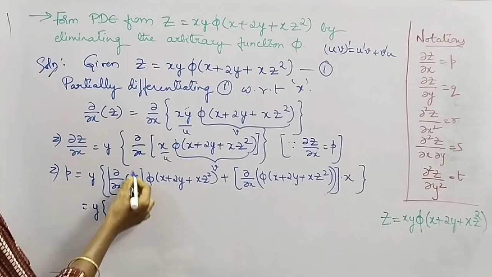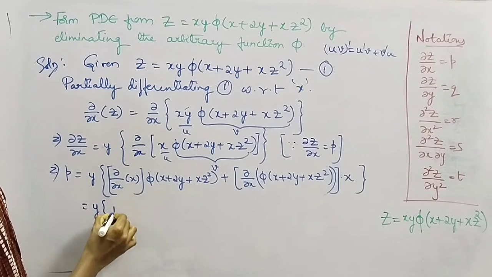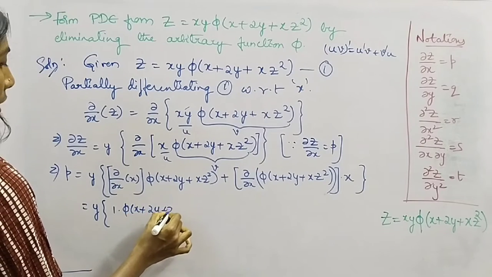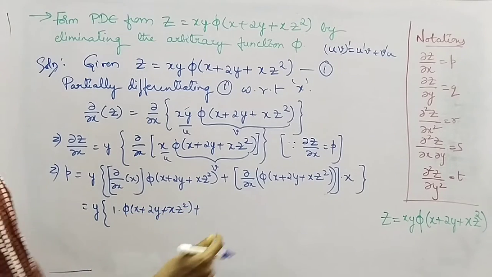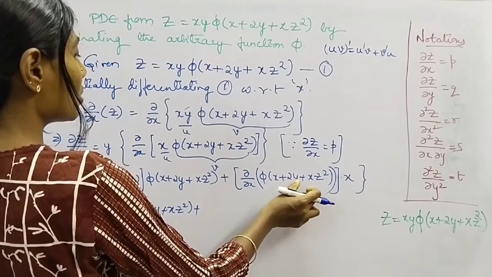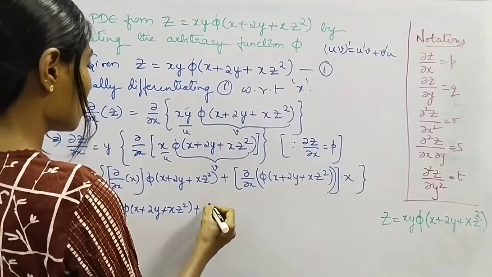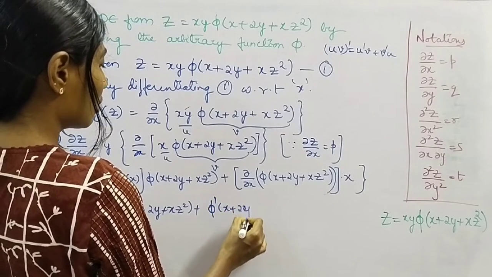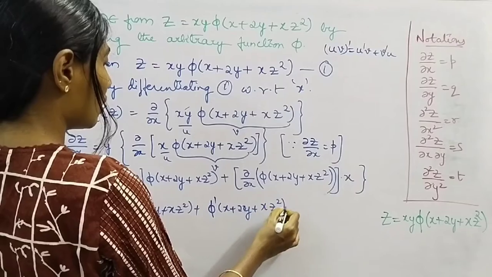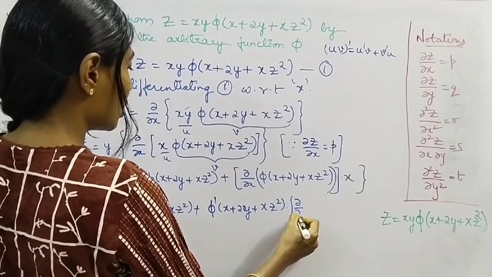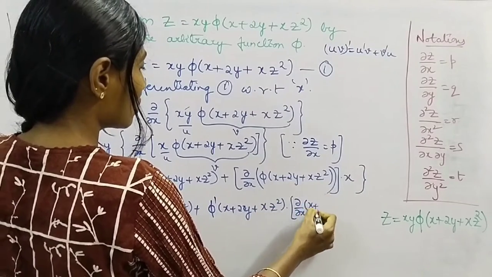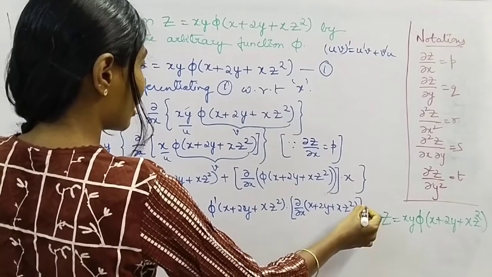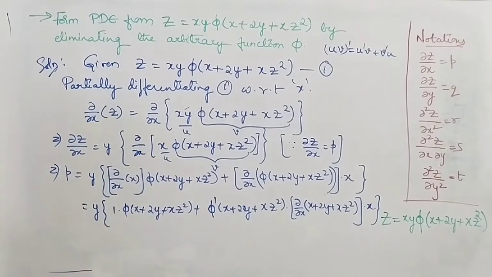This gives us y into the partial derivative of x with respect to x, which is 1, into phi of x plus 2y plus xz square, plus the partial derivative of phi of x plus 2y plus xz square, which is phi dash of x plus 2y plus xz square into the inner derivative, that is dou by dou x of x plus 2y plus xz square, into this x, right?